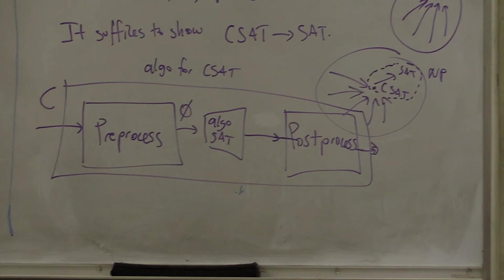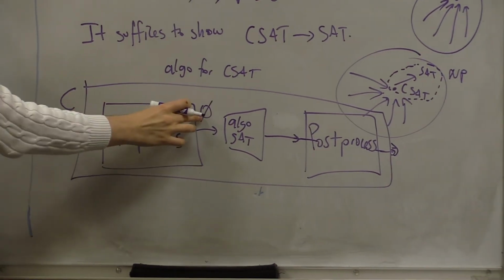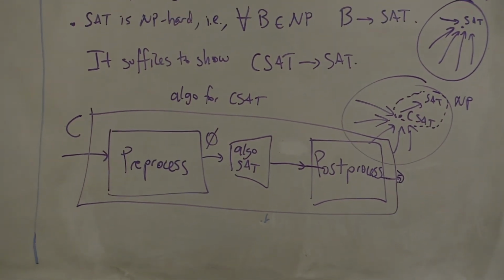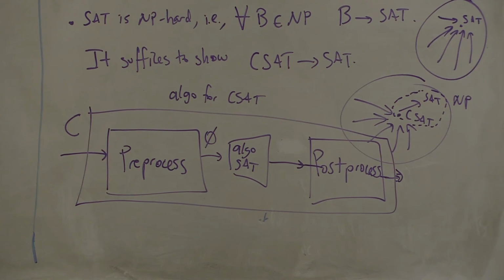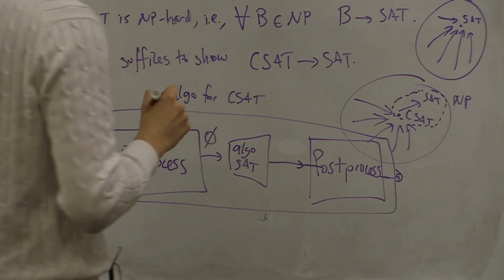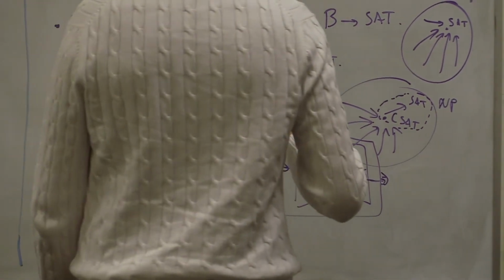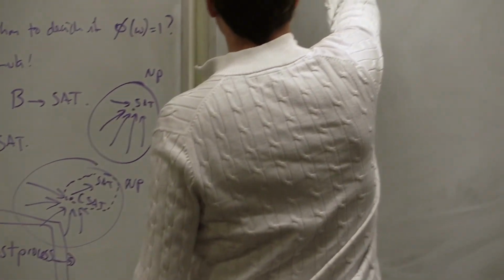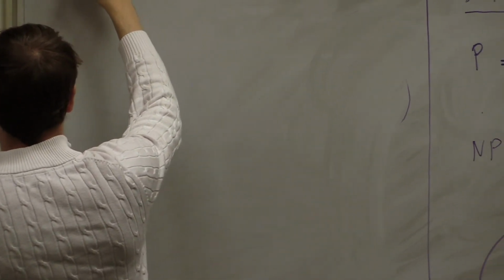So, how do we turn a circuit into a formula? A naive way to do it would be to open up the DAG into a tree by copy-pasting subparts of the DAG. Let's look at attempt number 1.